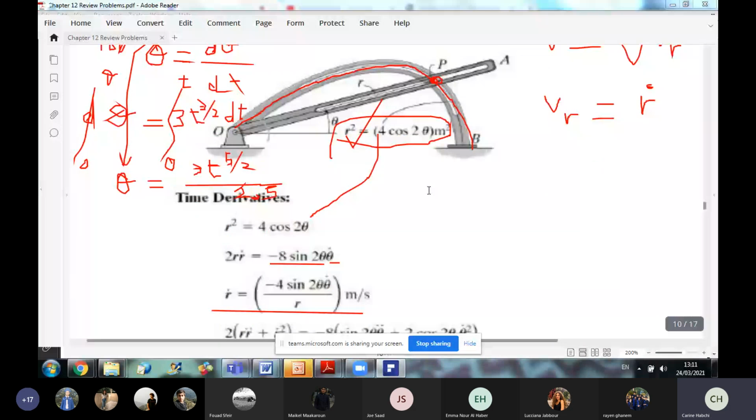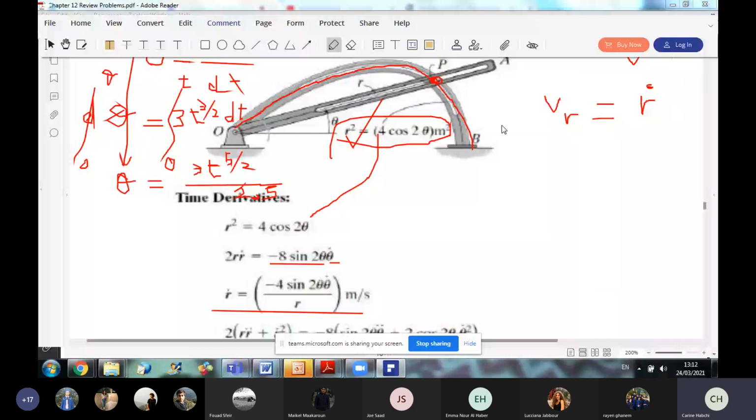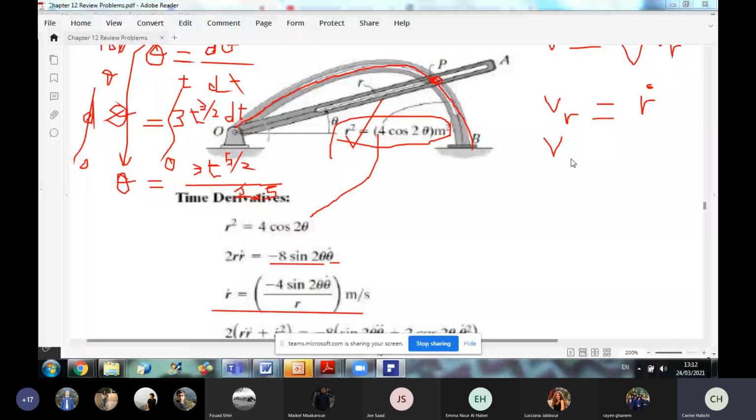I got theta dot, because I calculated the corresponding time. Then I can replace in my equation and find the value of r dot. Once I got r dot, I calculate the radial velocity. Now, concerning the transverse component of velocity, we know that v theta is calculated by r theta dot. I already calculated r and theta dot because I needed them to calculate r dot.